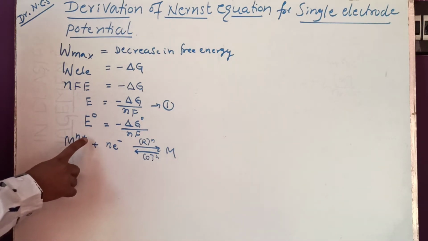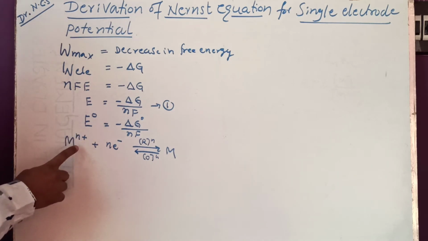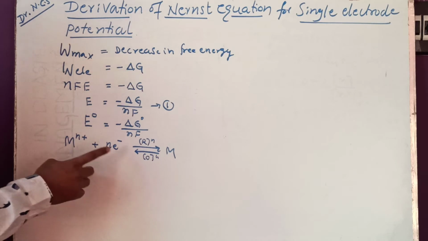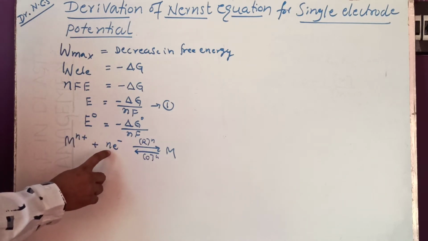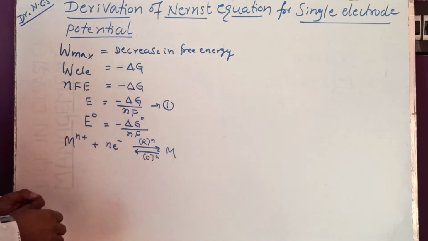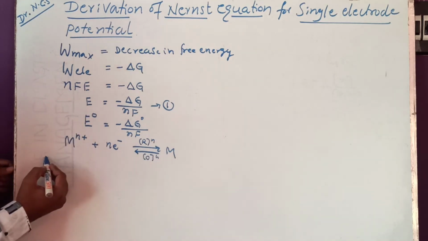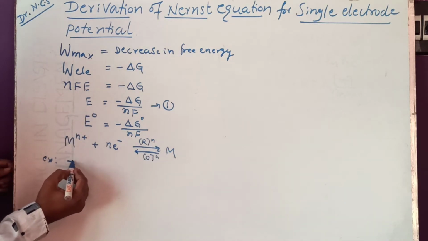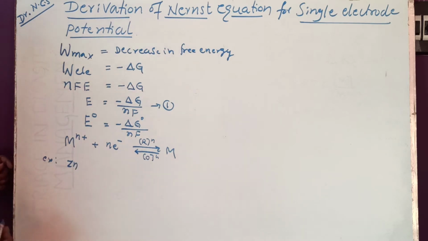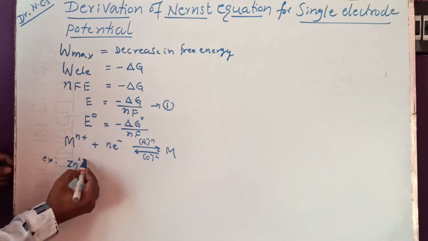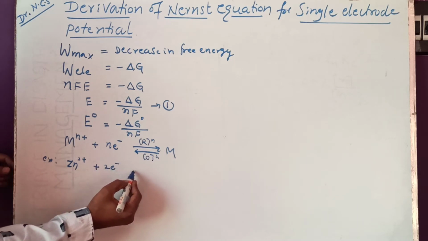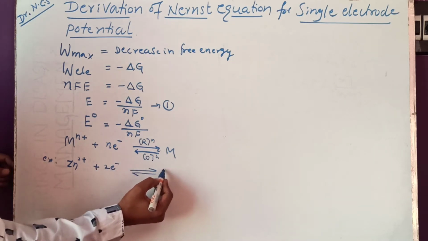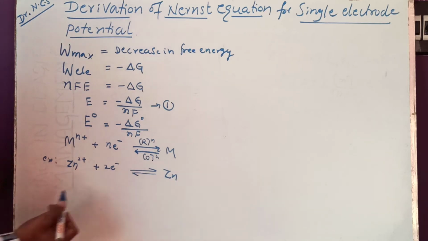M^n+, what is n? n is an integer, 1, 2, 3 etc. and n number of electrons. So if it is 2 plus, it is also 2 electrons, gives rise to metal atoms. Example, we can consider M as zinc, n plus is 2 plus and n number of electrons is 2 electrons, gives rise to zinc atoms.